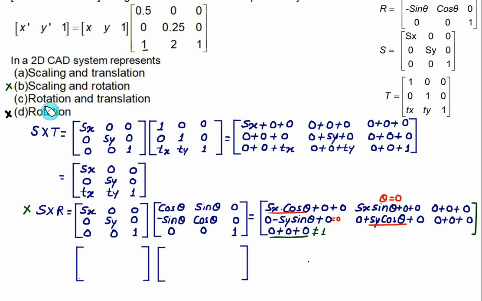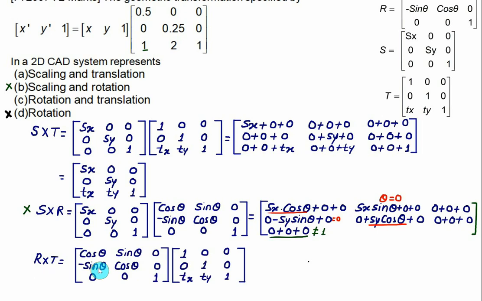Now choice C is rotation plus translation. So we have rotation multiplied by translation. The rotation matrix is cos theta, sin theta, 0, minus sin theta, cos theta, 0, 0, 0, 1, and the translation matrix is 1, 0, 0, 0, 1, 0, tx, ty, 1. Now let's solve this again.